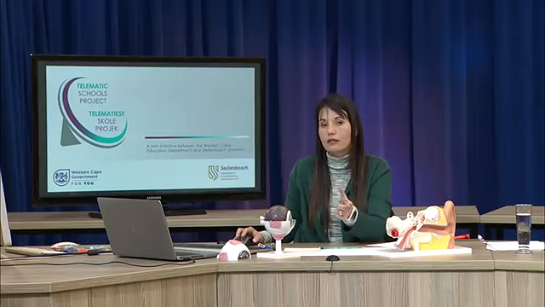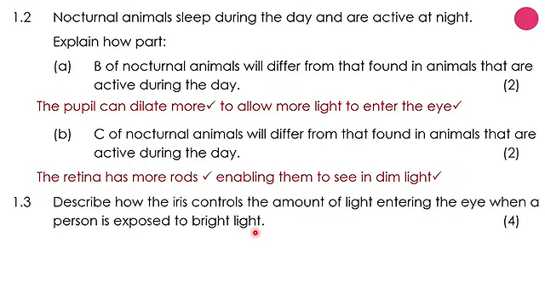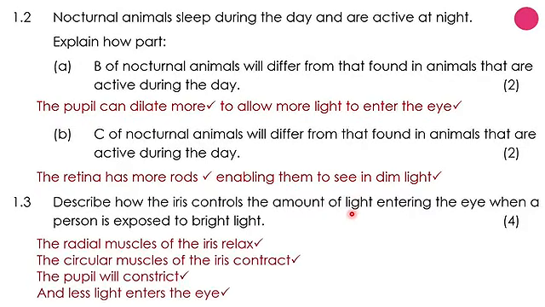Which one of the two is it? Let's have a look. They talk about light. So if it's light, it's the pupillary mechanism, and that's the bullets where the radial muscle of the iris relaxes. The circular muscle of the iris contracts. You see they mention it twice. The pupil will constrict and less light enters the eye.